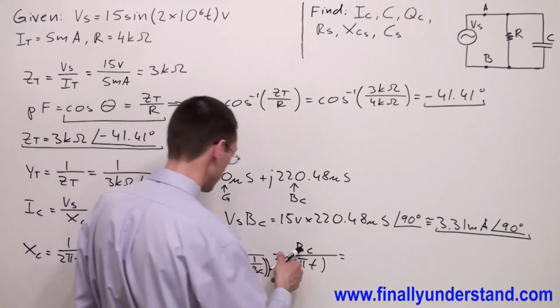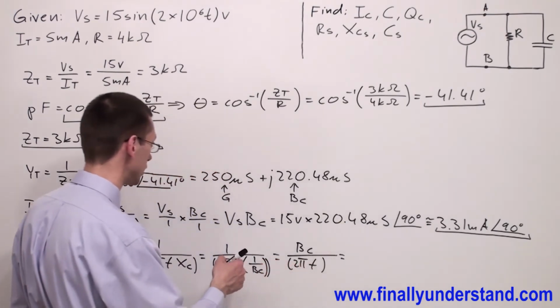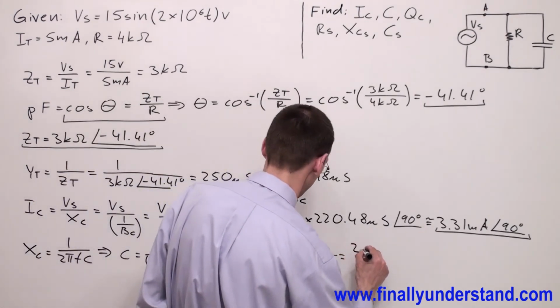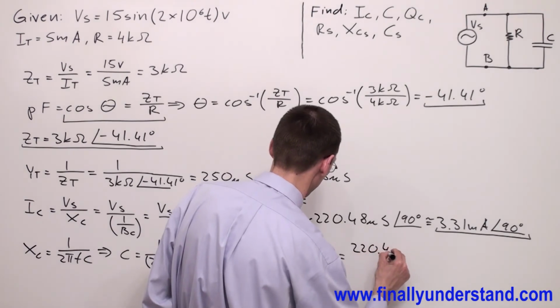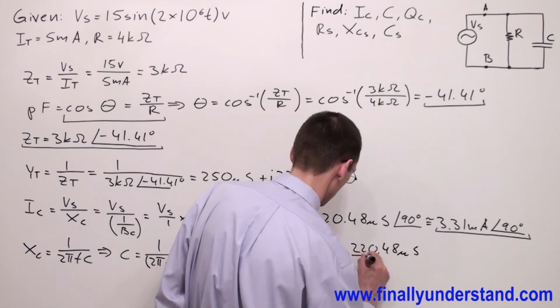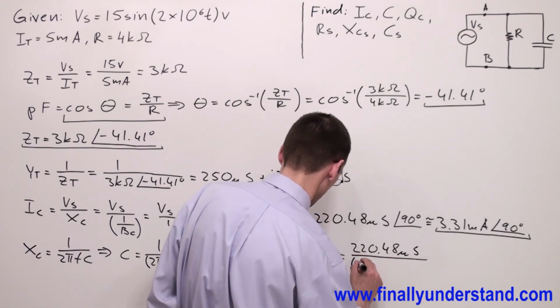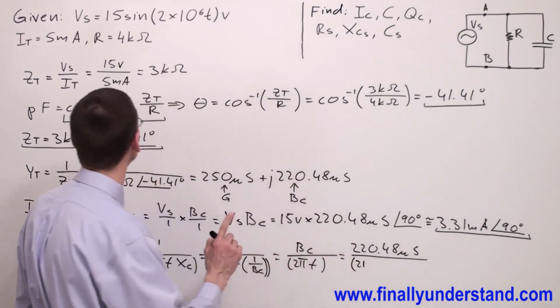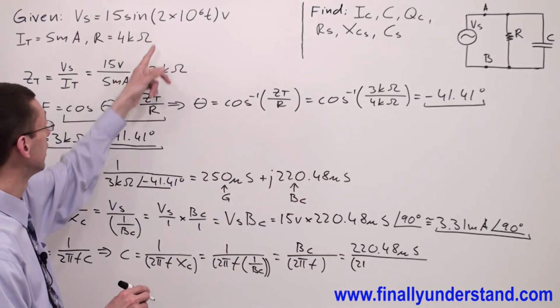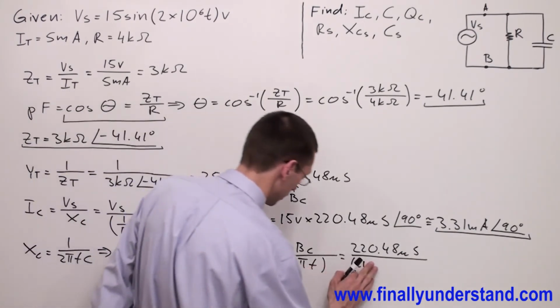So next, BC we found is equal to 220.48 microsiemens over 2 pi, right? But please notice that frequency is not given. We have been given omega, okay?